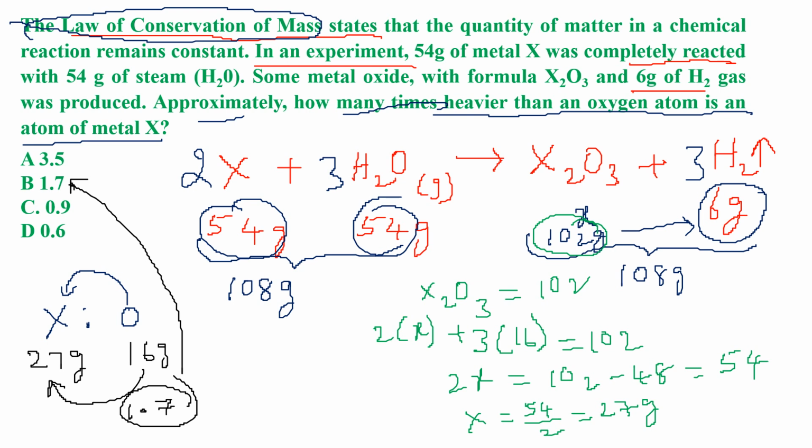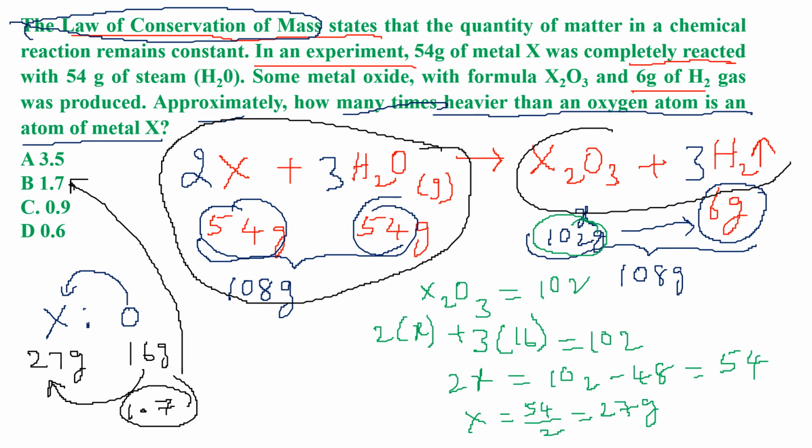Next, like this: first, based on the law of conservation of mass, the mass of the reactants is equal to the mass of the products. X2O3 is 102 plus 6, which is nothing but 108 grams.